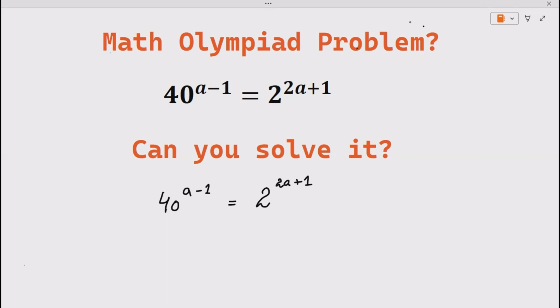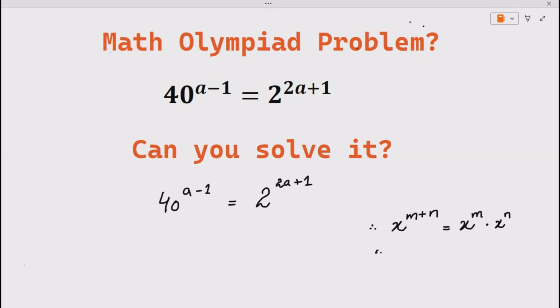For this, we know that we have a mathematical identity which says if we have some base and there are two things that are adding in the power, we can write it like this: the base with the first term multiplied by the base with the second term. So this is the identity we are using in this step.